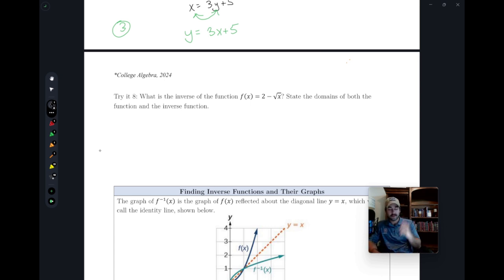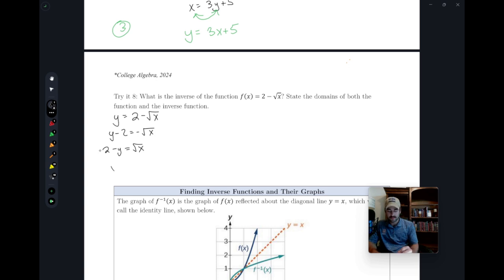So the first thing I'm going to do is find the inverse of the function in the normal way that we know how. We've got y equals 2 minus root x. I switched it to y so it's a little easier for us to work with. I'm going to get x by itself by moving the 2 over. So we get y minus 2 equals negative root x. Move that negative over, and you get 2 minus y equals root x.